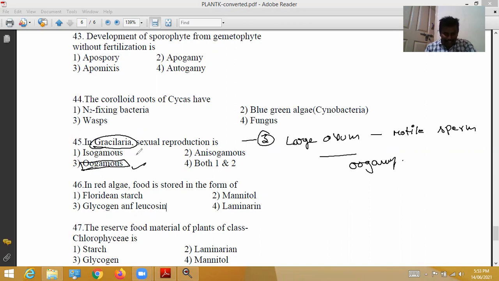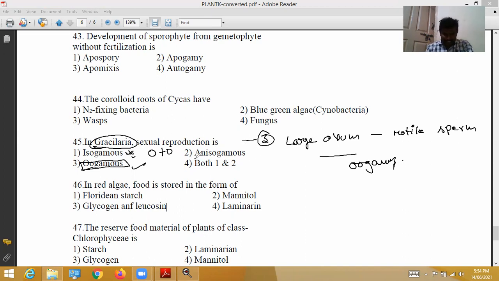Now if you see isogamous, it means the fusion between similar gametes. In Gracilaria, similar gametes do not fuse, so option 1 is wrong. Anisogamy is when the gametes are dissimilar in size, and their fusion is called anisogamous.